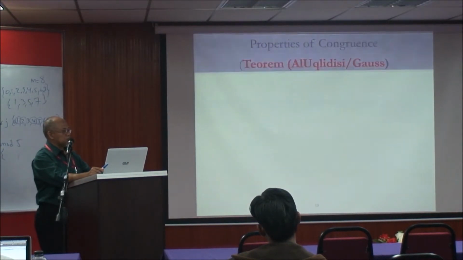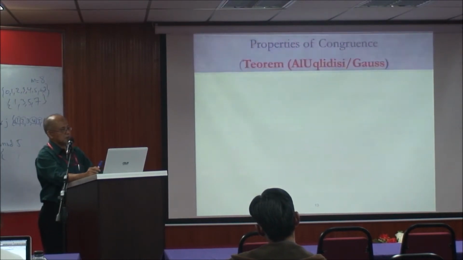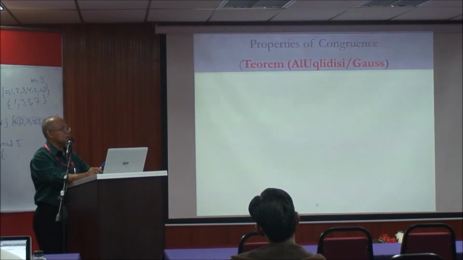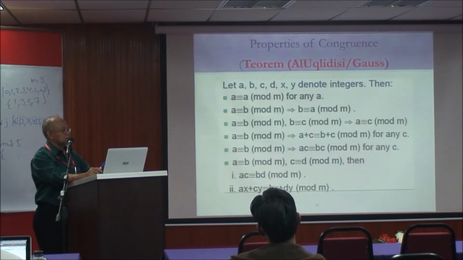Okay, let's look at some properties of the congruence concept. It is either by Gauss or similar, based on what we mentioned previously. These are the properties that can be easily proven by the definition.